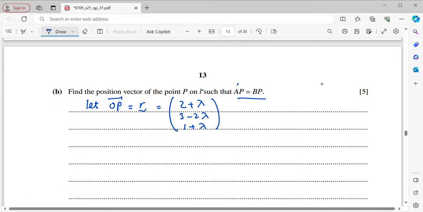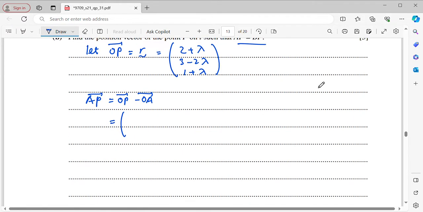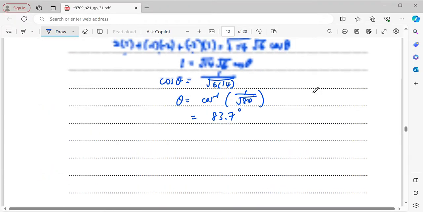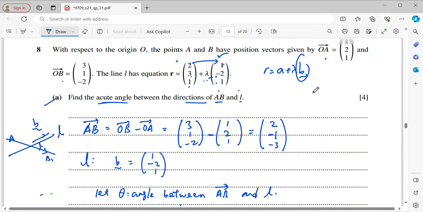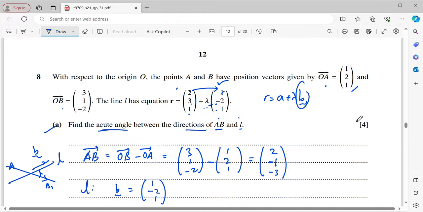Now we need to get vector AP and BP. Basically, vector AP is the same as OP minus OA. So now I will write (2 plus lambda, 3 minus 2 lambda, 1 plus lambda) minus my vector OA from the previous part. OA is (1, 1, 1).